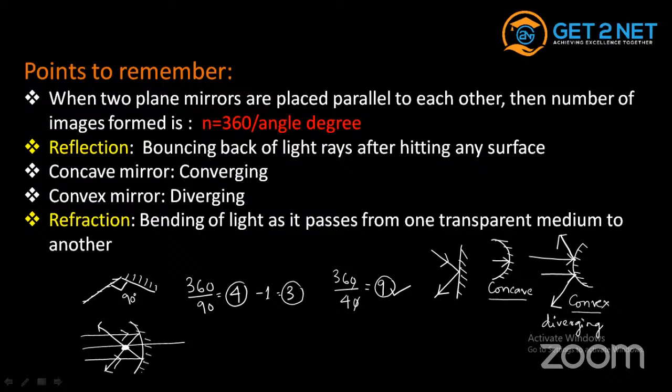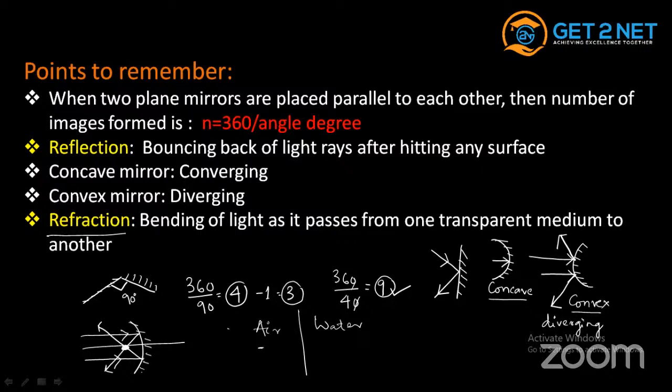Okay. Next is refraction. So in refraction, what happens? When the light rays go from one transparent medium to another. For example, this is the air and this is the water maybe. So here two mediums are transparent.